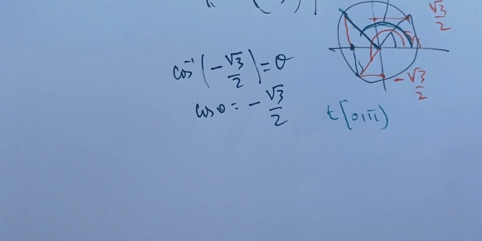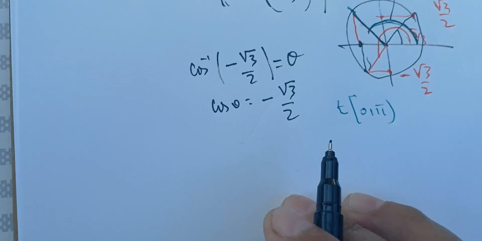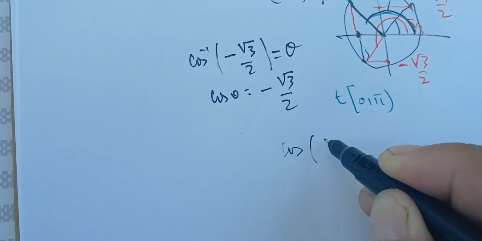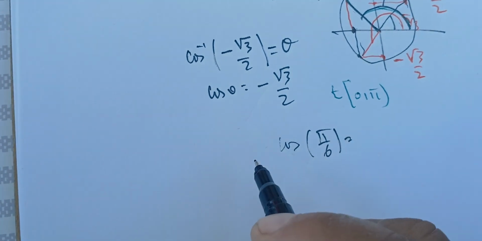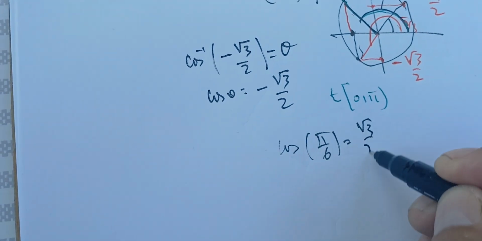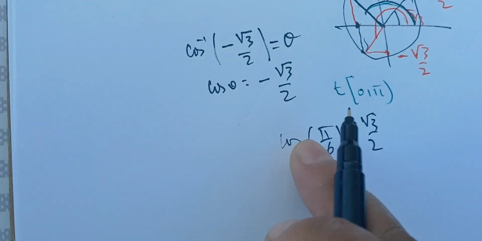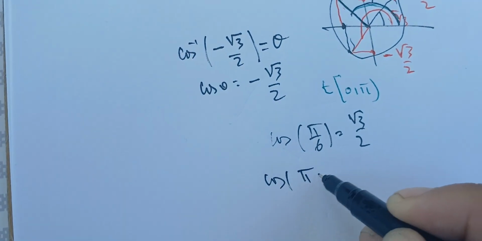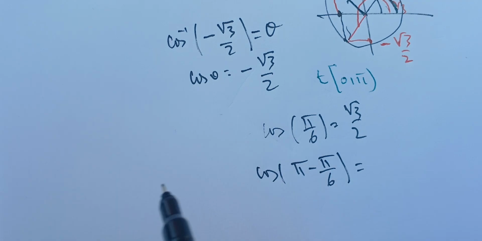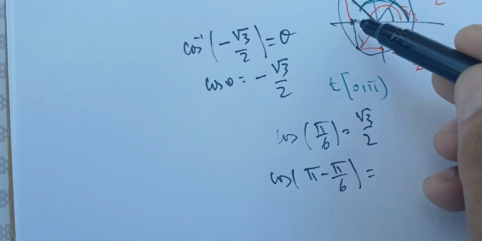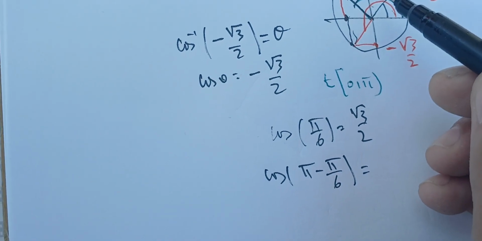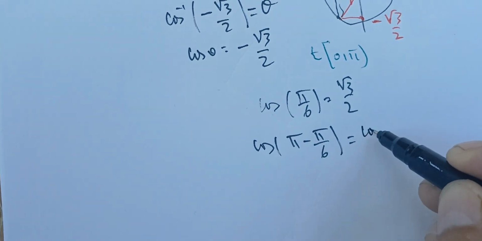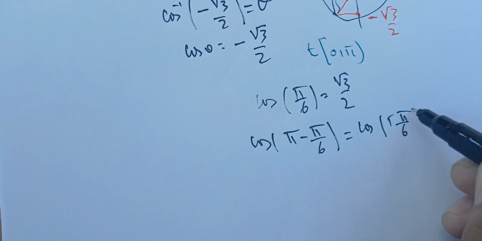To find theta, I need to remember that the cosine of pi over 6 is square root of 3 over 2. So to get the minus sign, I have the cosine of pi minus pi over 6. I move it to this side to get the minus, and if I compute this one, I get cosine of 5 pi over 6.